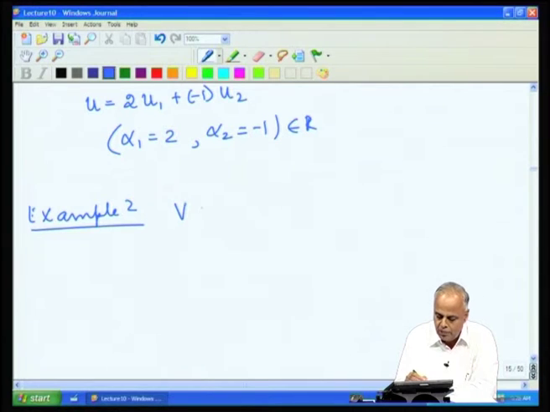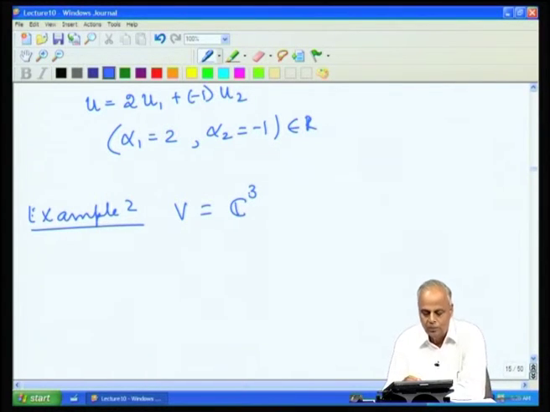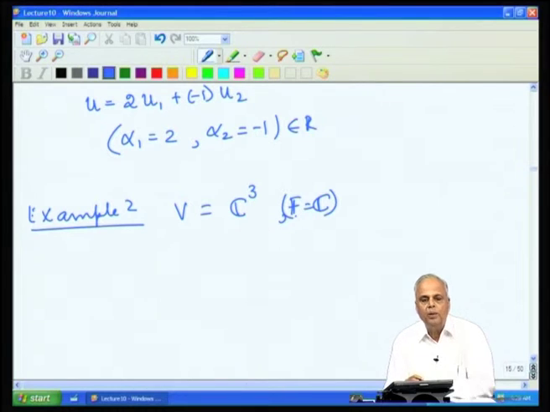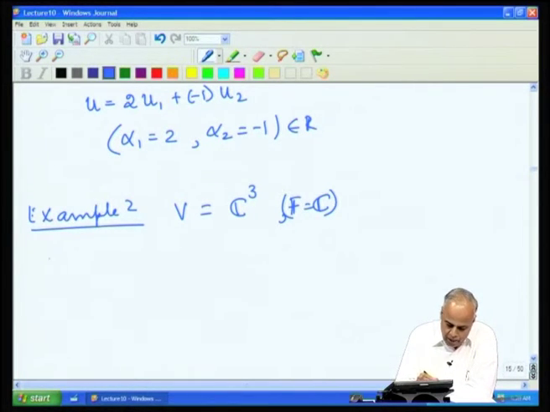Let us take the vector space to be the complex vector space C3, and obviously our field in this case is C. So, we will look at C3 as a vector space over C, and now again we look at a set S which is just a finite set.